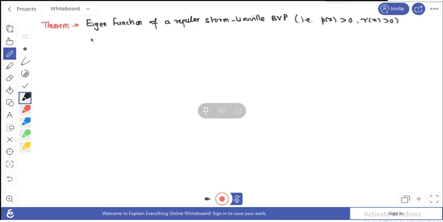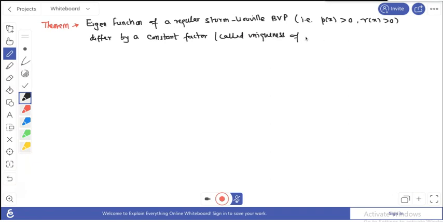This differs by a constant. So these eigenfunctions differ by a constant factor, and that is called the uniqueness of the eigenfunction.